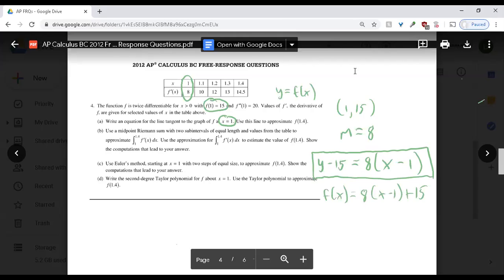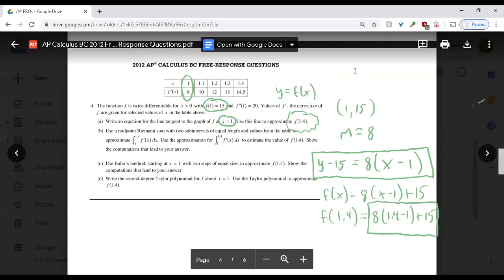And then f of 1, or no, we're approximating for f of 1.4. So then I would just plug 1.4 in. And you could just leave your answer like this: 8 times 1.4 minus 1 plus 15. Please don't simplify arithmetic.